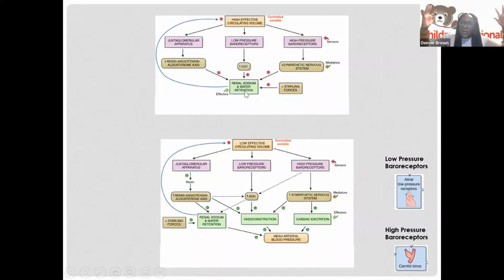So if you're volume expanded, you have high effective circulating volume, then you have both your kidneys and these baroreceptors that say, we don't want to hold on to sodium and water, which will help decrease this high effective circulating volume state. And the opposite is what you'll see in low effective circulating volume states. When your volume is down, you have RAS activation, like we see here in the bottom picture.